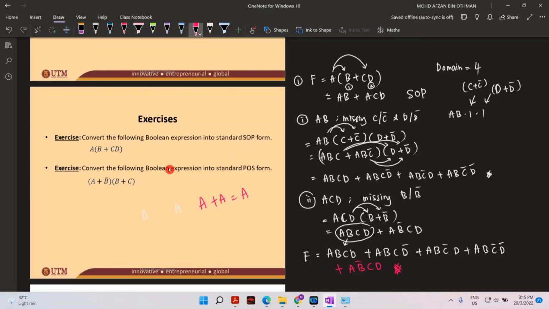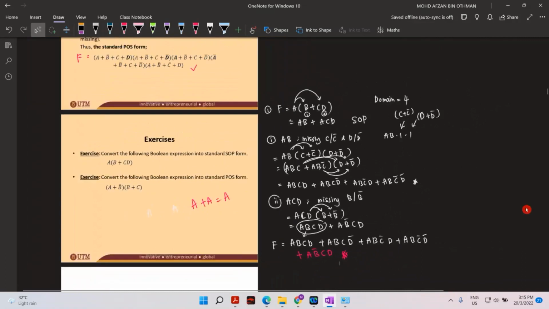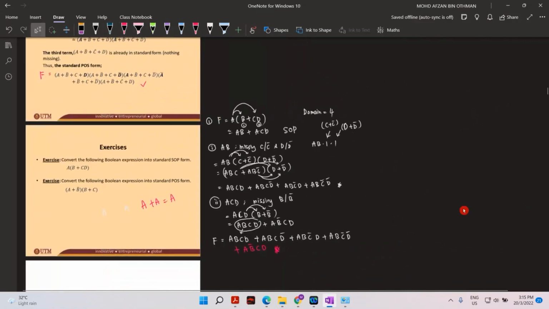Okay, so this is the exercise yang ni lah. Okay, next we're looking at the second one here. Okay, saya kecilkan dulu.